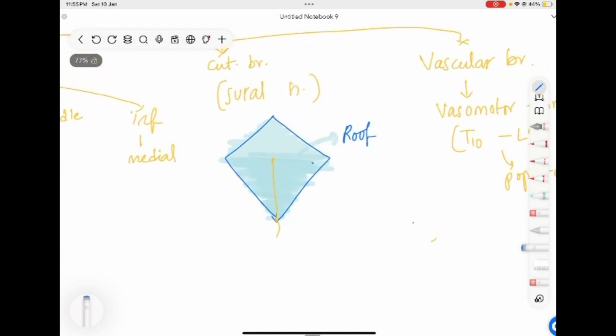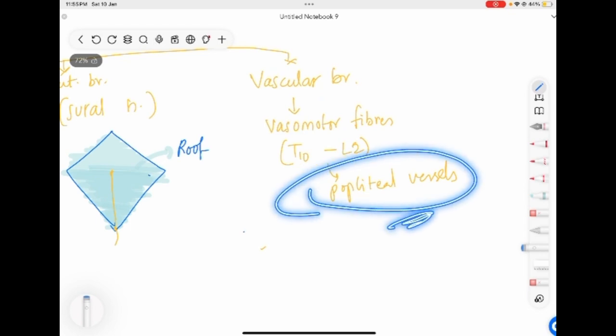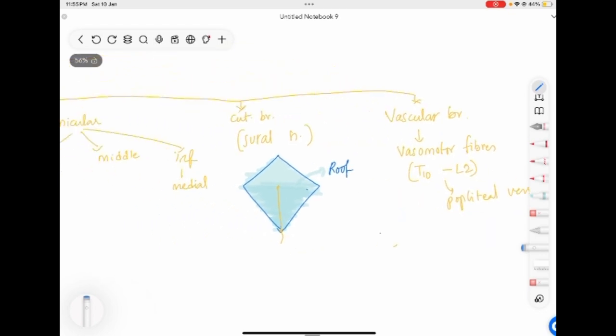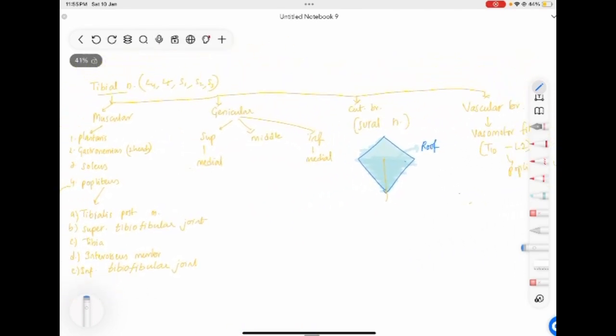So that is about the cutaneous branch. And then we have the vascular branch. It supplies the vasomotor fibers which supply the popliteal vessels. So with that we are done with the tibial nerve.